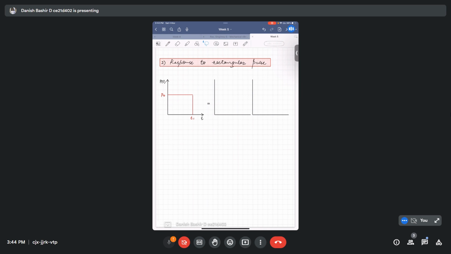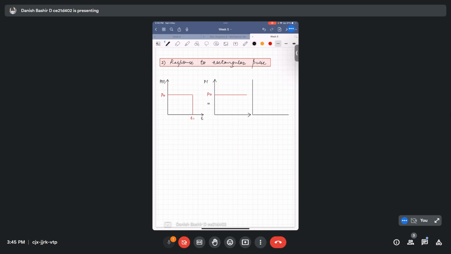So I can consider it as a summation of two step pulses, in this fashion. First step pulse will start from 0, a step pulse of P naught. It is acting for the whole time up to t equal to infinity, but I don't require that now. My actual pulse is acting up to time t1 only, and thereafter it is 0.